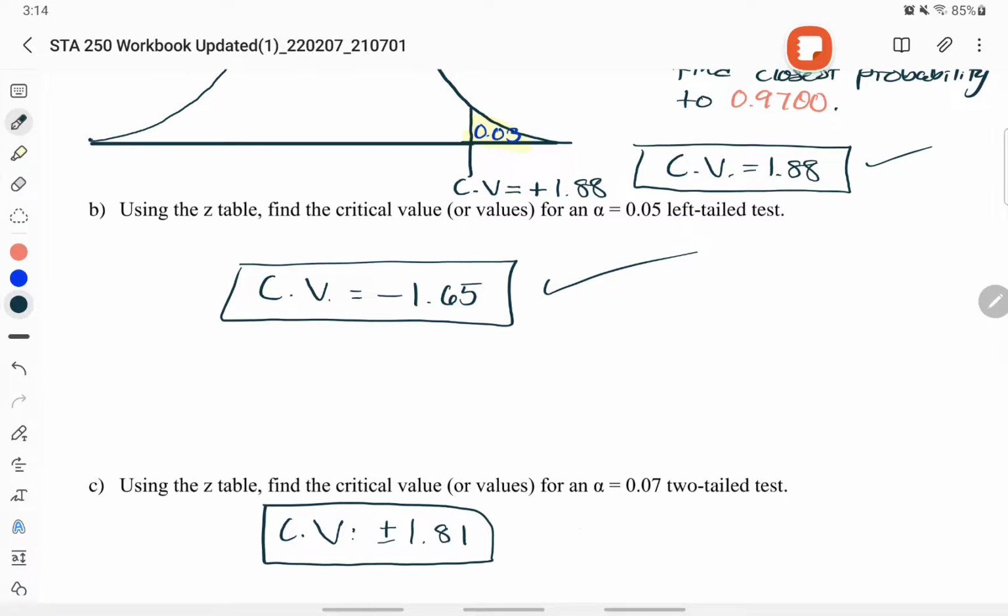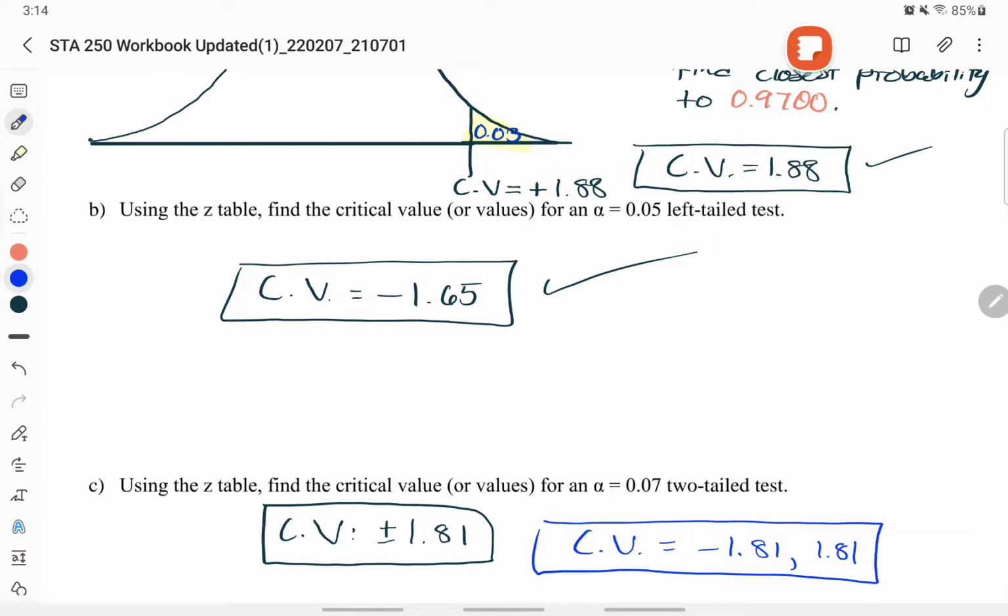Or you can say the critical value in an alternative way is negative 1.81, comma, positive 1.81. Either answer should suffice. So that is how you find the critical values for a z-test.